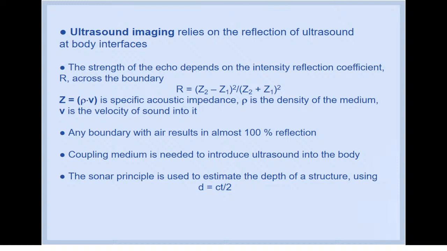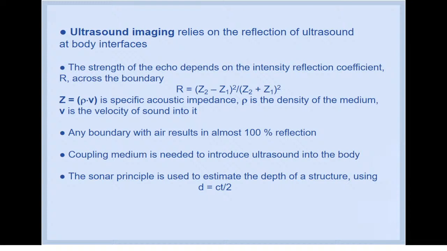So, one more time, we repeat: ultrasound imaging relies on reflection, so the strength of the echo depends on the intensity reflection coefficient. Any boundary with air results in almost 100% reflection.